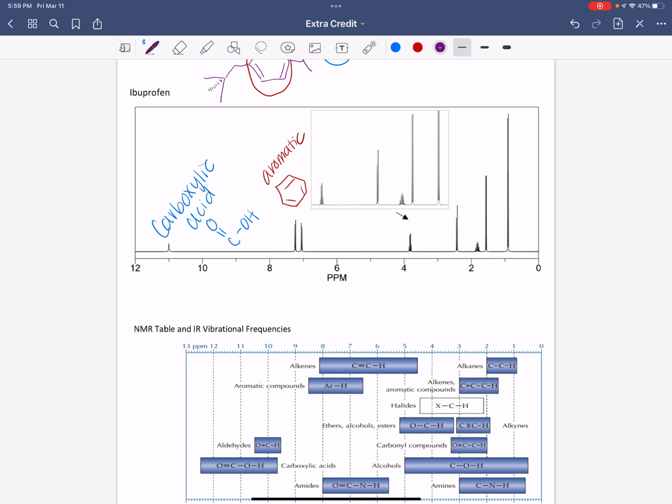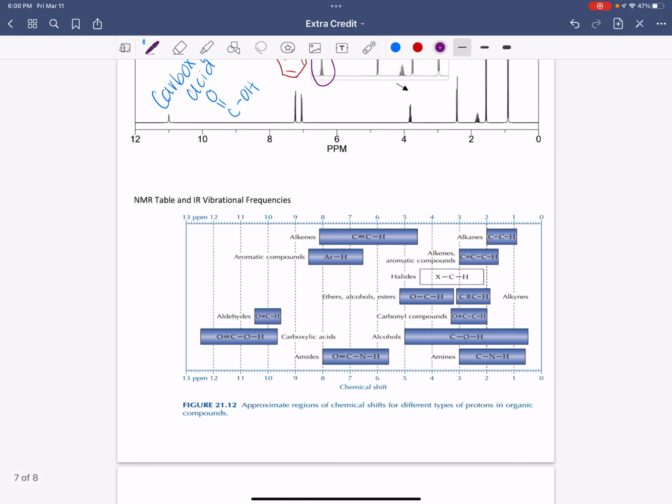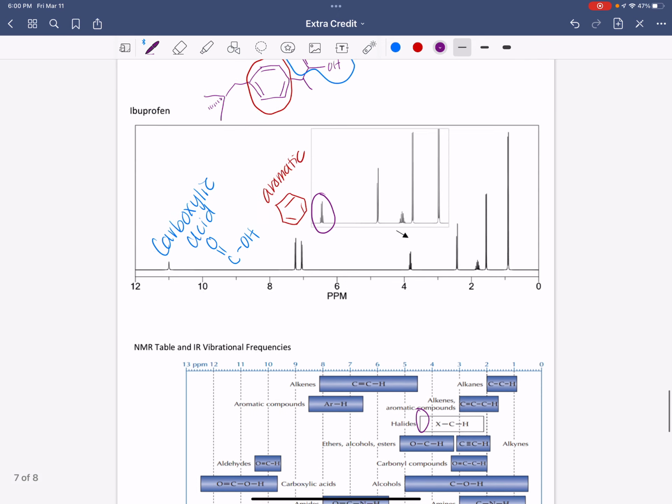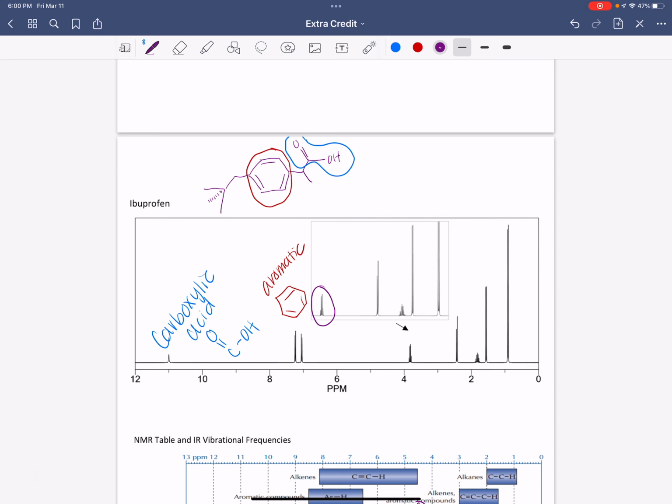And then next we would do this one right here, which is right before 4, which would look like somewhere around here. So that one would be right here. And that would look like just a bond.